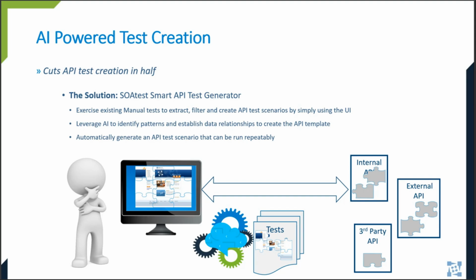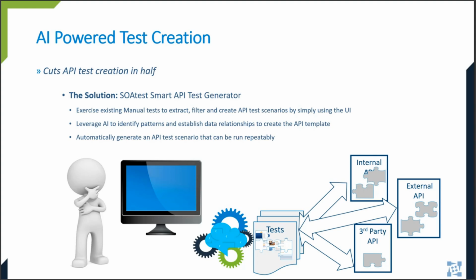This is the sequence, but the AI takes it to the next level because the AI then says, I also saw this data being exchanged between the different test steps. From that, the testers can then move away from the UI and start using those APIs directly against those backend systems, thus cutting the API test creation and understanding time down significantly.